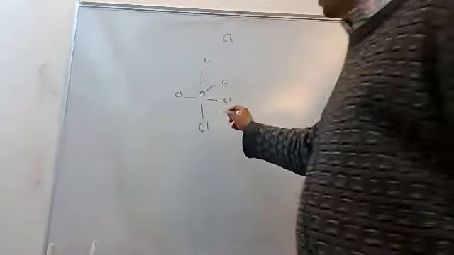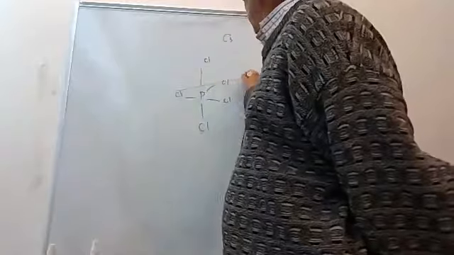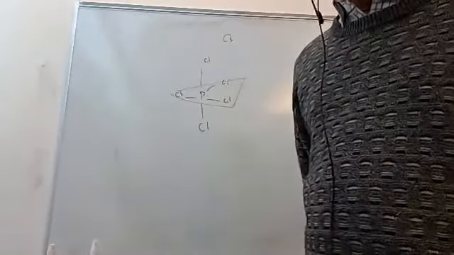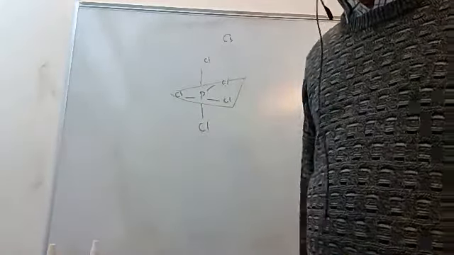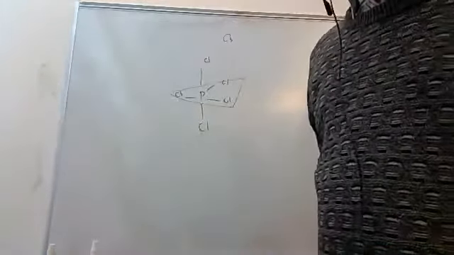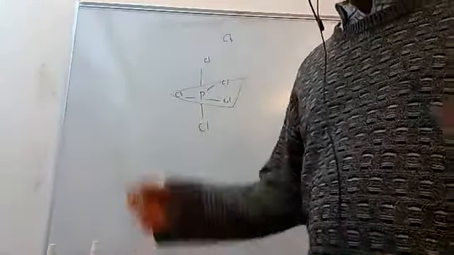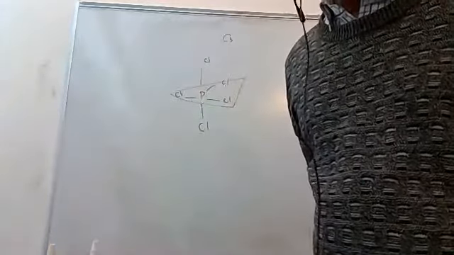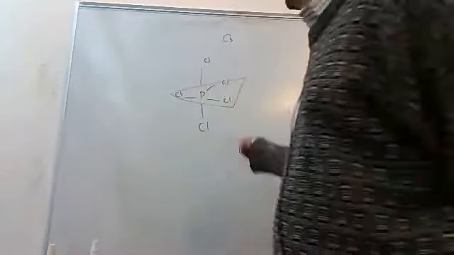And then you have a plane that is perpendicular to this one. Right? That is a reflection plane because you have a chlorine on the top, chlorine below, and upon a reflection, these two chlorines exchange their positions and the resulting structure looks indistinguishable from the previous one. So we have a sigma H here.